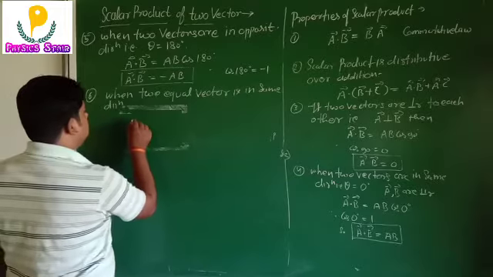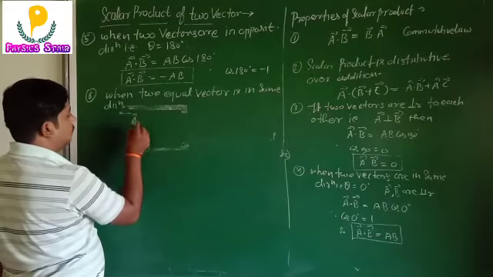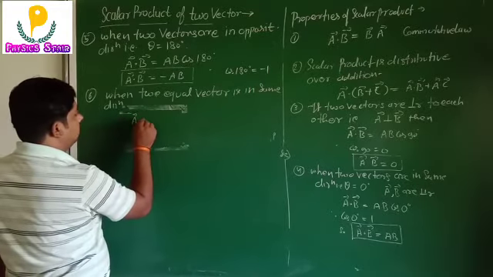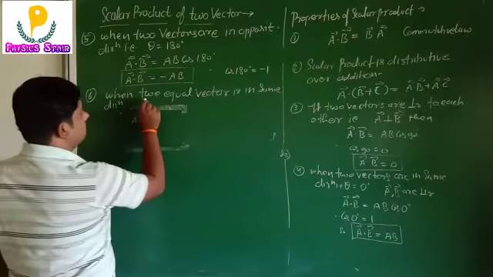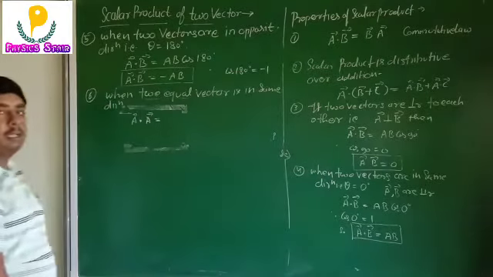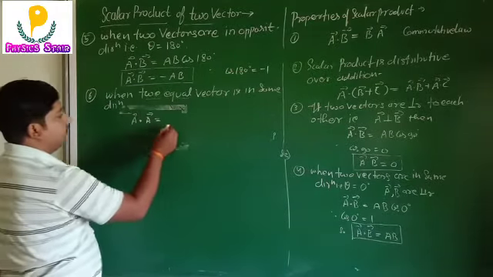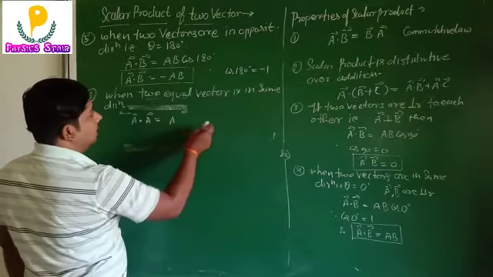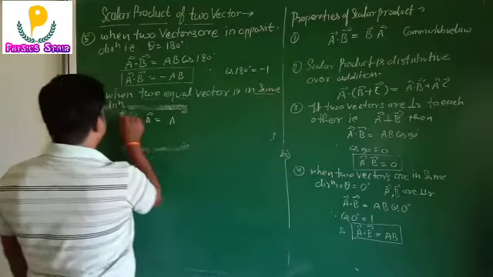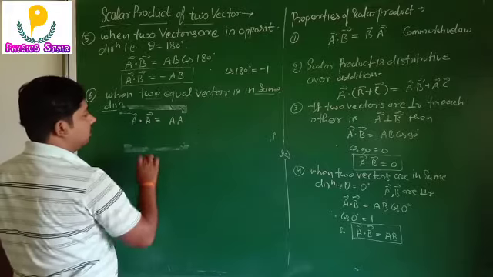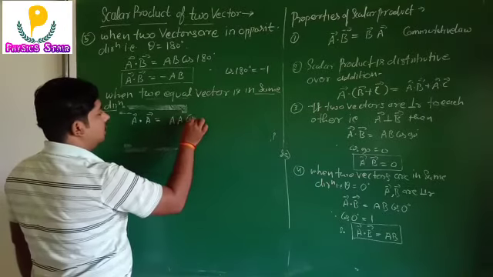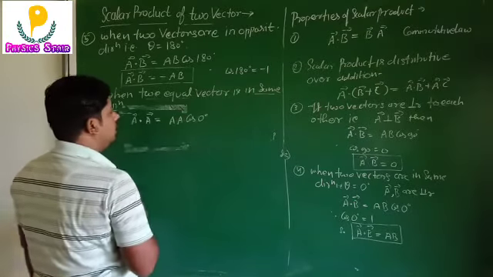Okay, so in that case, vector A with the dot product of vector A. Here we have taken two equal vectors in the same direction, so vector A dot vector A will be the magnitude of vector A times the magnitude of vector A times cos 0 degree.